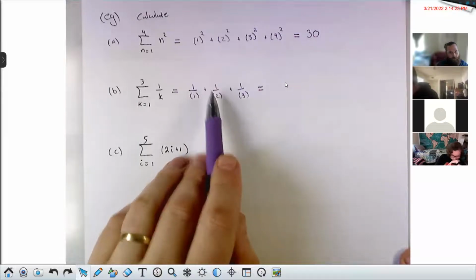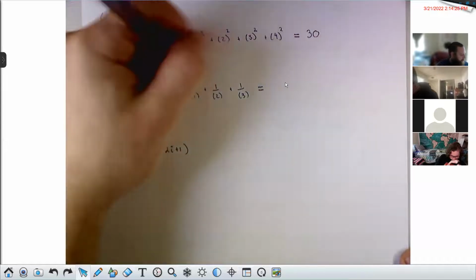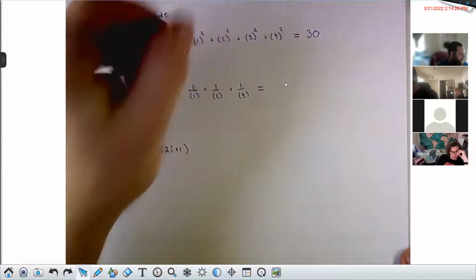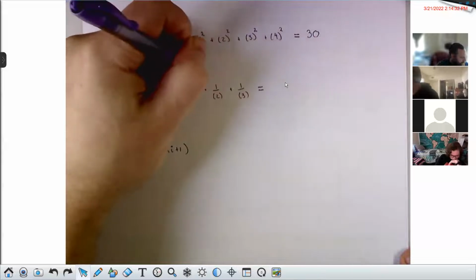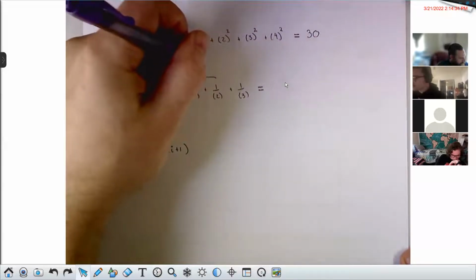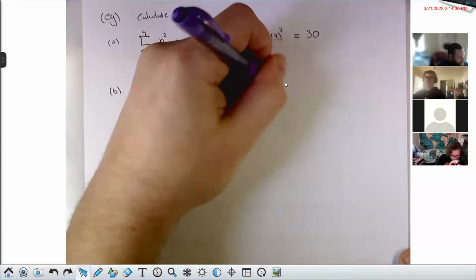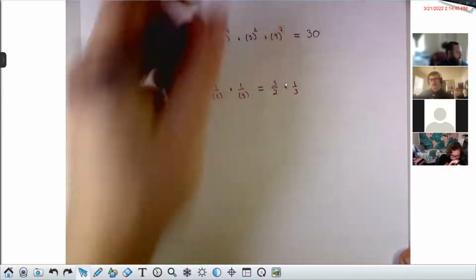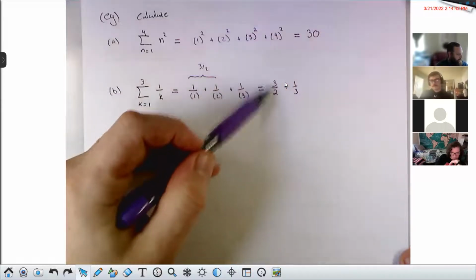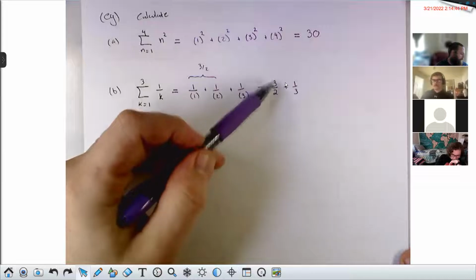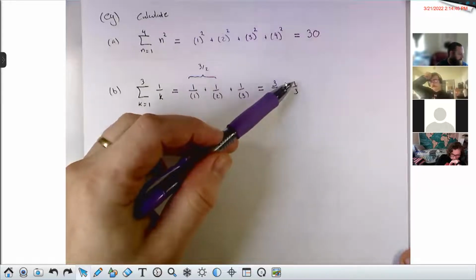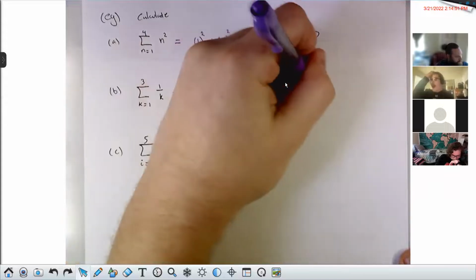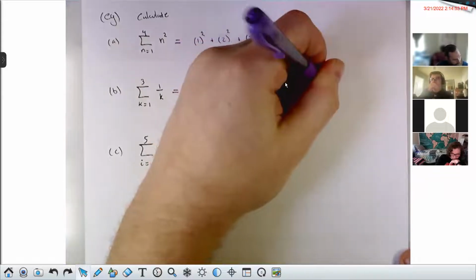And then 3 halves plus 1/3. If we have a common denominator between these two, if I multiply this by 3 over 3, this becomes 9/6. If I multiply this by 2 over 2, this becomes 2/6. So 9/6 plus 2/6, that's 11/6.